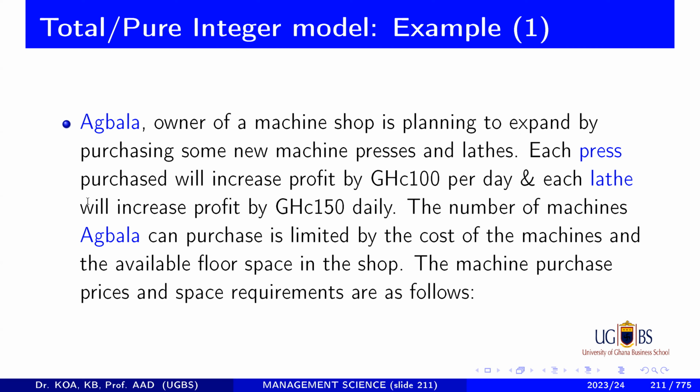Each press will increase profit by $100 a day. Each lathe will increase profit by $150 a day, or cedis a day. The number of machines that can be bought is limited by the cost of the machine, which is the budget, as well as the floor space.